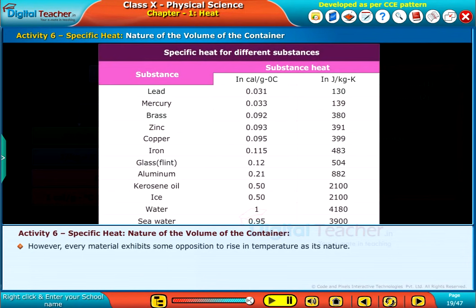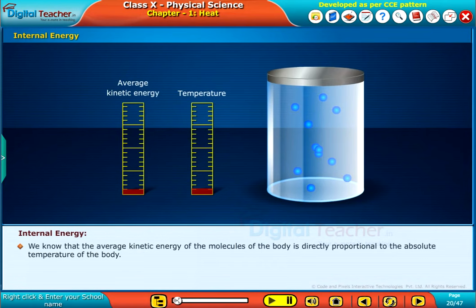Let us learn about the reasons behind this observation through the concept of internal energy. We know that the average kinetic energy of the molecules of the body is directly proportional to the absolute temperature of the body.